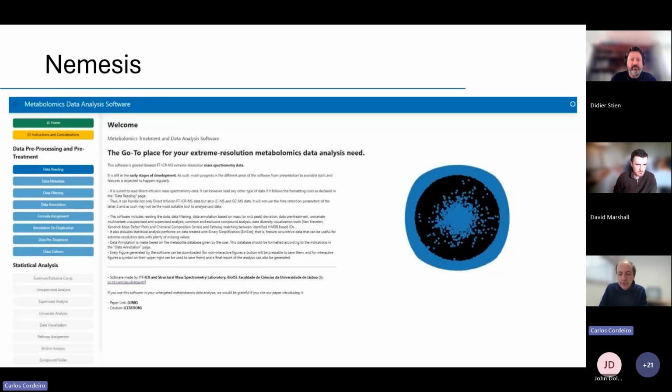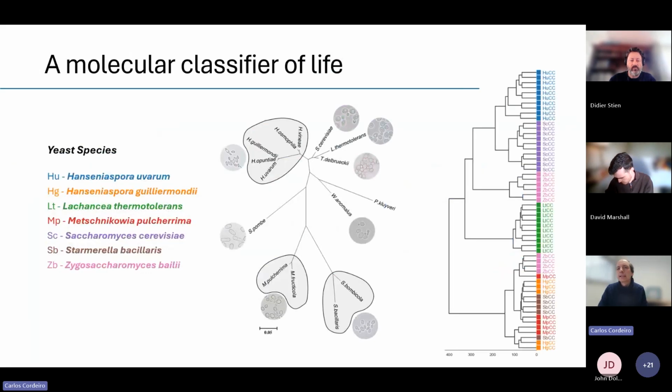For example, mass difference and formula difference networks. These are important for us to realize what kind of biochemical or chemical processes are actually happening in our samples. This is a very powerful technique as a classifier.